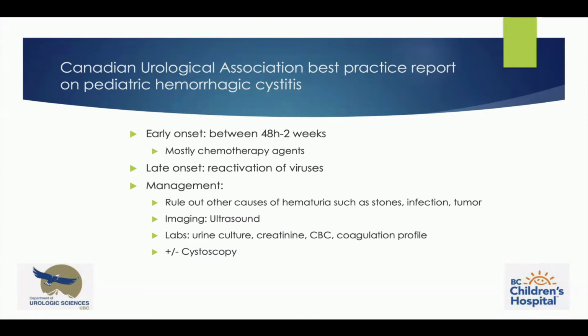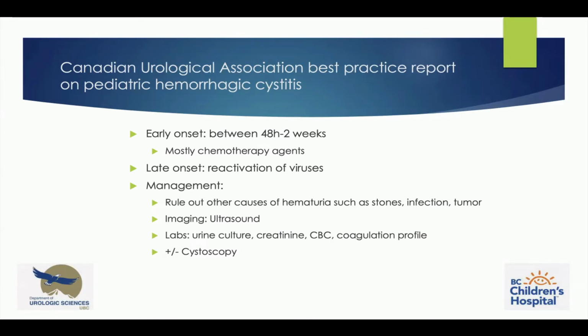The management is, as usual, like we treat hematuria, right? Because at first, even if we suspect it, we don't have a confirmed diagnosis of hemorrhagic cystitis secondary to chemotherapy agents, for example.